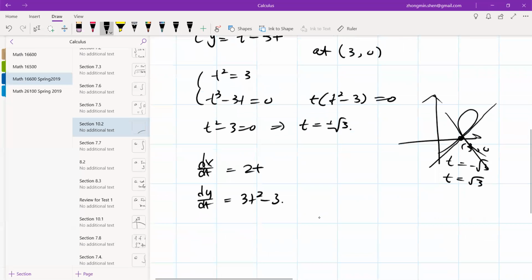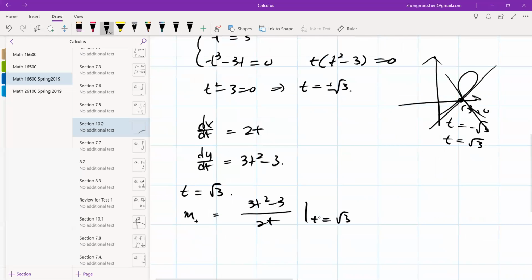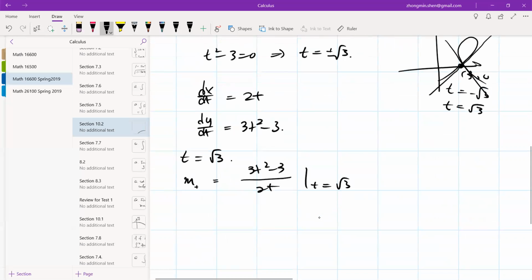So the slope when t equals square root of 3, which I call the positive slope, is going to be the value of (3t squared minus 3) over 2t when t equals square root of 3. Right? dx/dt is at the bottom. So you simplify it, you get 2 square root of 3 in the denominator, and 3 times 3 minus 3 in the numerator.